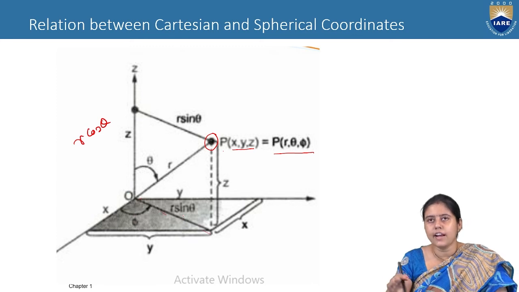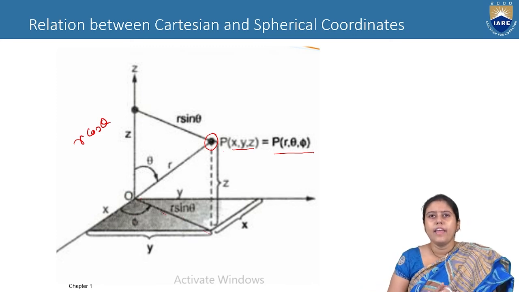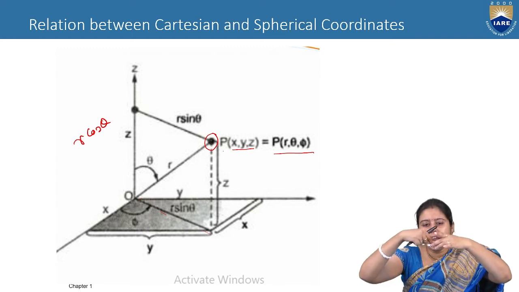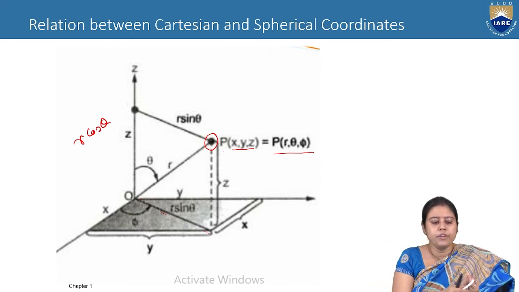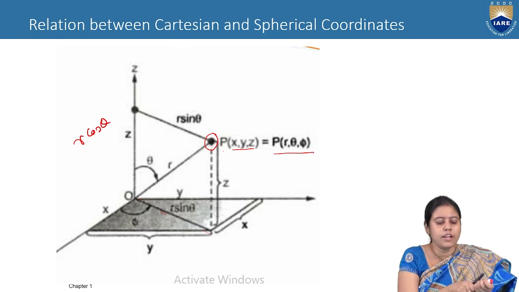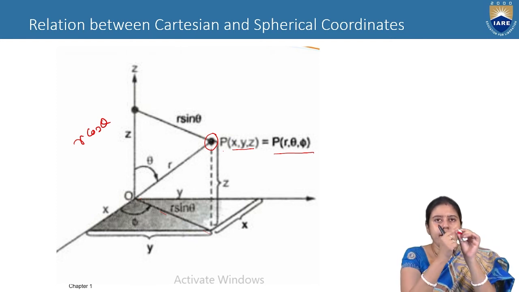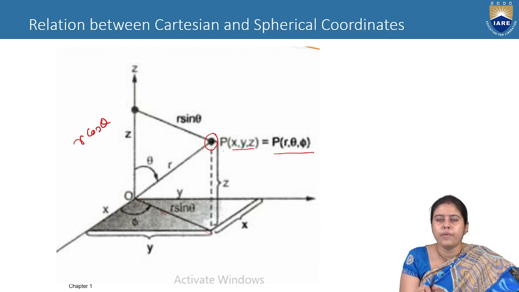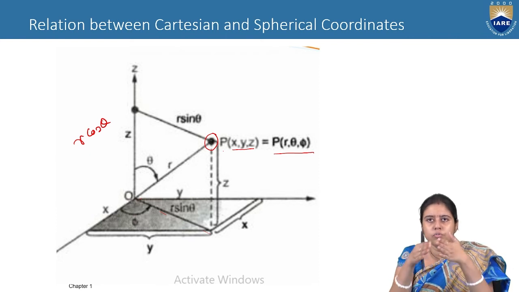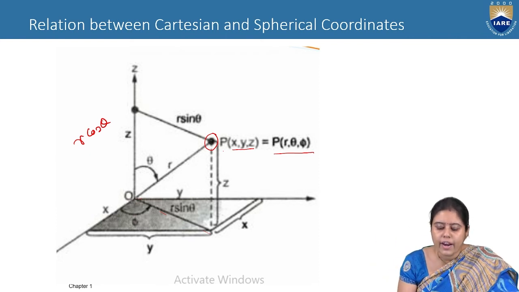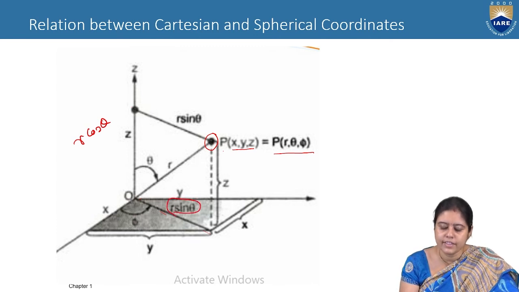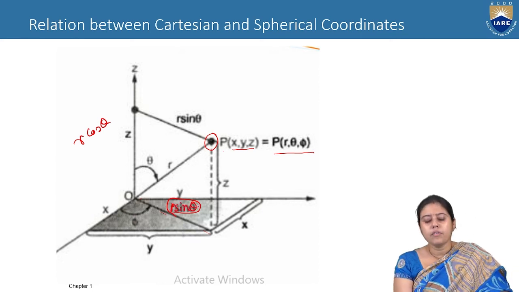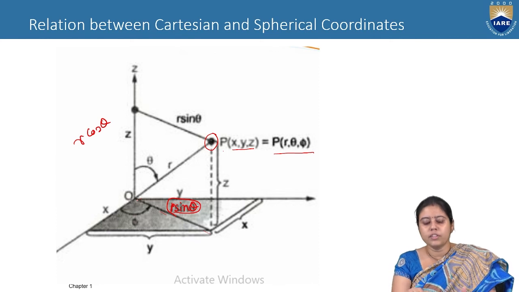So r sin theta comes in the circular plane, similar to the cylinder. This is the xy plane; if z is 0, we get the xy plane. So the other part will come in the xy plane, and the value is r sin theta. Now, what is the angle of this axis with the x-axis?